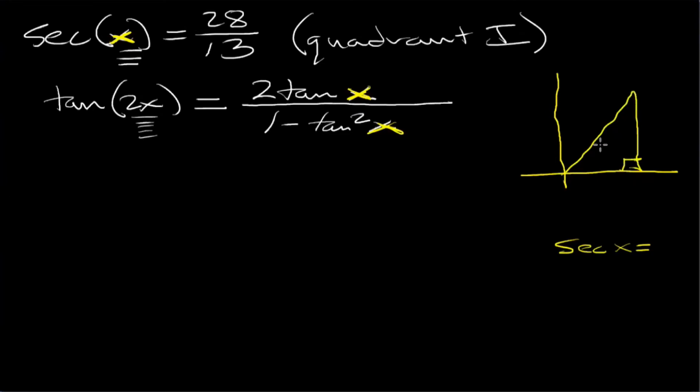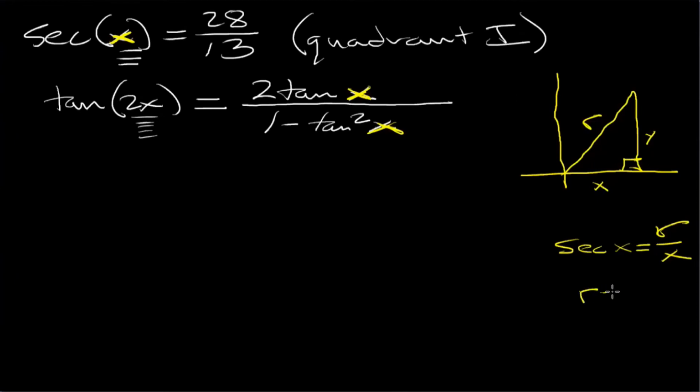I'd have r, x, and y. It's r over x. Okay, so secant of x is r over x. That's a freaky looking r. Okay, and so then I can use that information now.